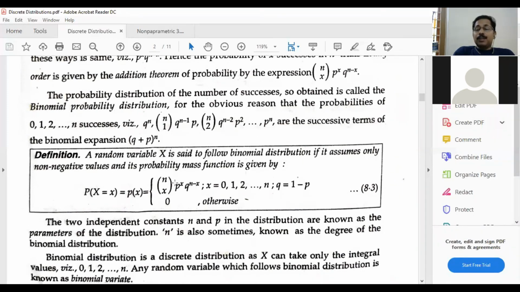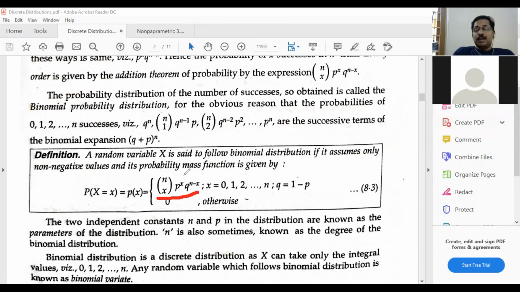The second property is the total probability of this function, which should be equal to 1. You can show that by summing nCx p raised to x q raised to n minus x from x equal to 0 to n. Using the binomial expansion, you are familiar with (a plus b) all raised to n, here you can see this is the binomial expansion of (p plus q) all raised to n.